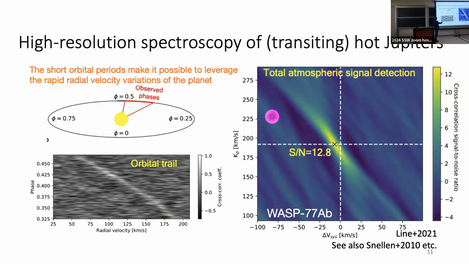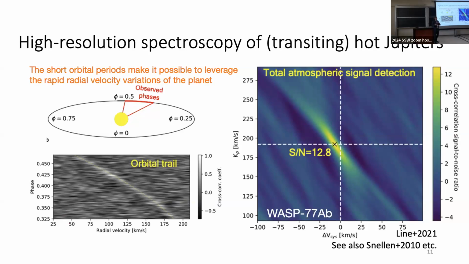If you look at the cross-correlation function here, you have radial velocity at the bottom as a function of time. It says phase, but you can think about this as time. You can see the radial velocity of the planet change by looks like 100 kilometers per second over the course of this observation. That's great because you can use that information to see that the lines that don't move belong to the star and the Earth, and the lines that do move probably belong to the planet.